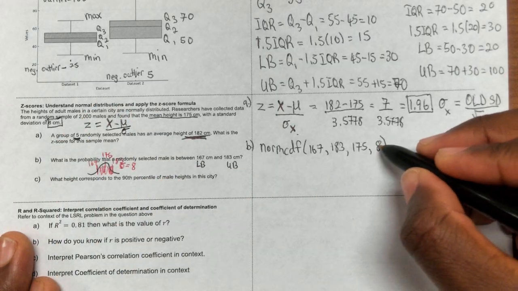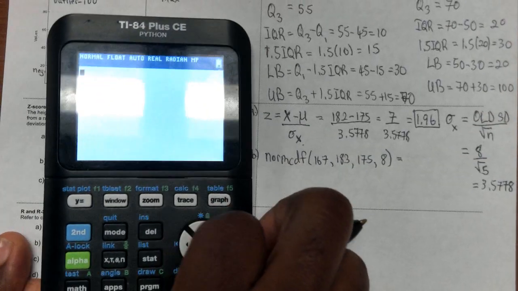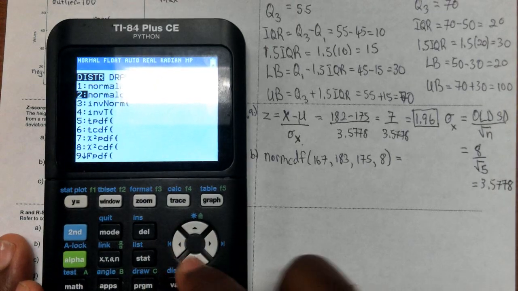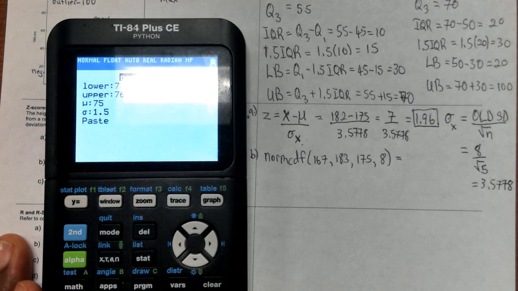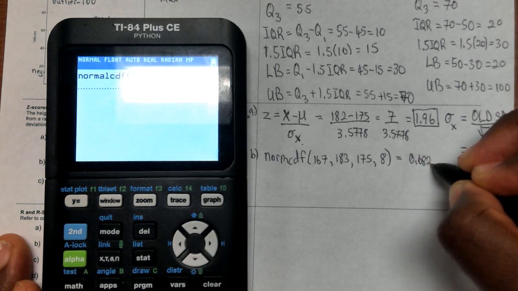Okay, so I use the standard deviation for the entire population. Okay, so when I plug that into my calculator, second function vars, norm CDF, so we're doing 167, 183, 175, and 8. And I got 0.6827.